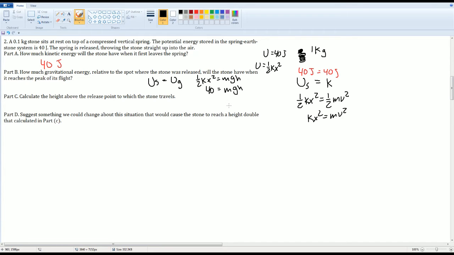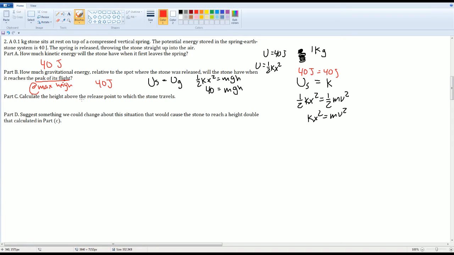At its peak, at maximum height, it should still be 40 joules of energy, because it's all getting converted.